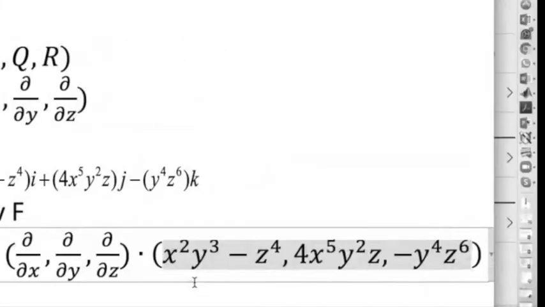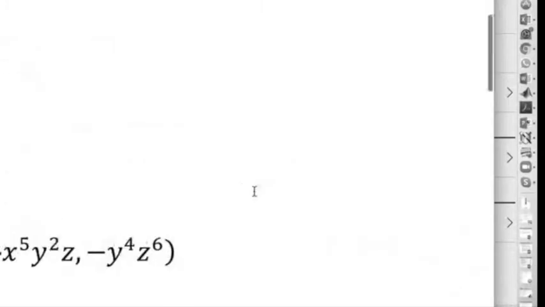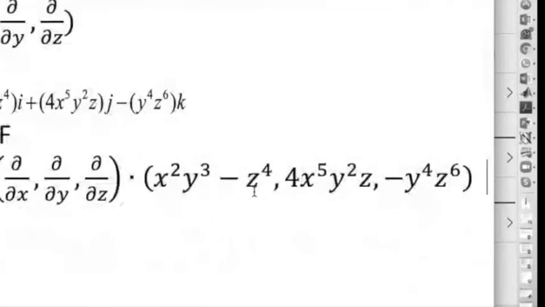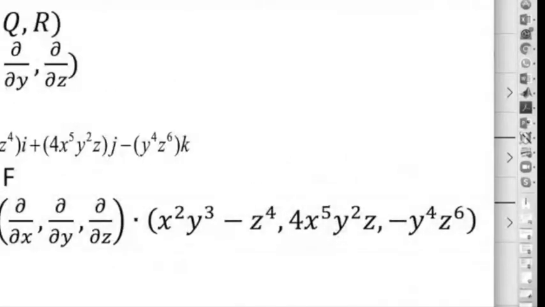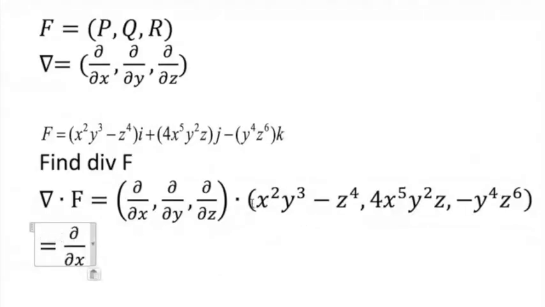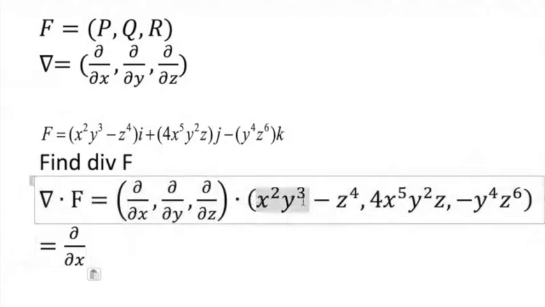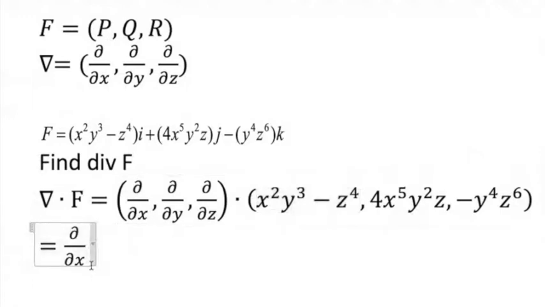So now we have what? We have a dot product. The first component here, times, or will affect, the first component here.